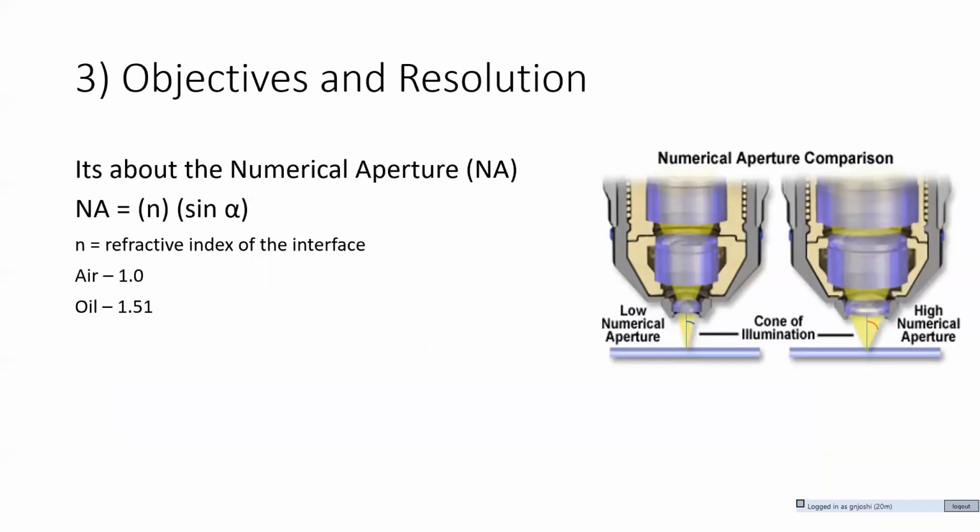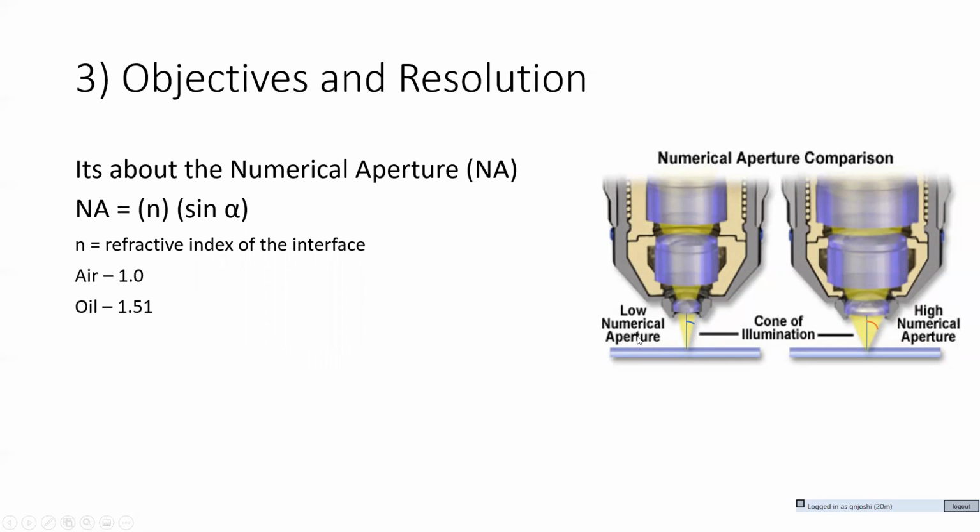Now, when it comes to objectives, we cannot let it go without talking about resolution. Resolution at the end of the day is all about the numerical aperture. Numerical aperture, NA, is defined as n times sine alpha, where n is the refractive index of the interface.